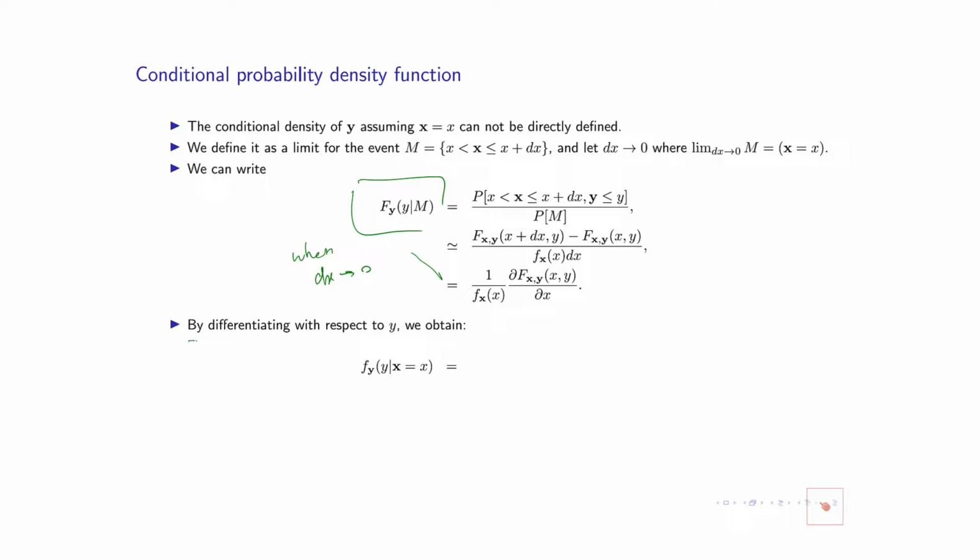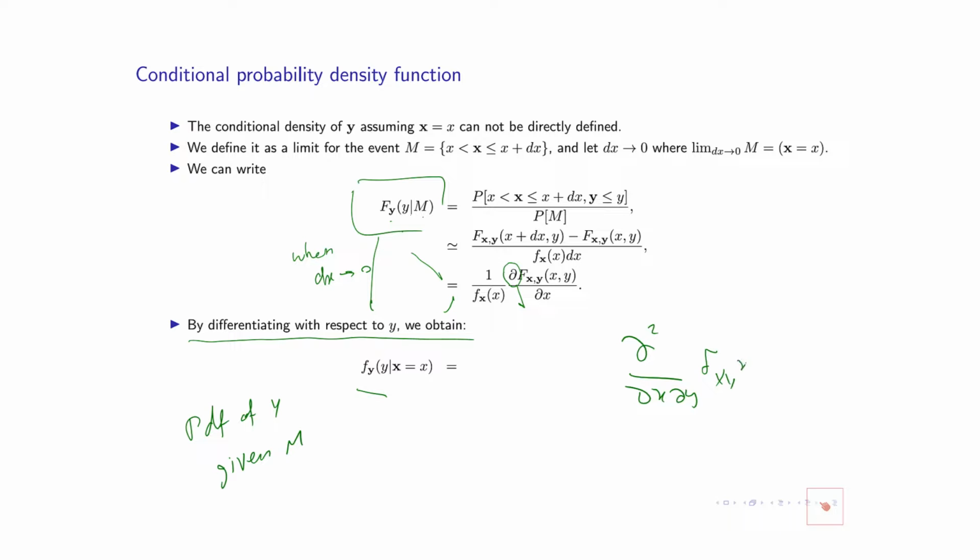Now I could calculate the derivative of this function with respect to y. Because this is the CDF of y given this event, I want to find the PDF of y given M. If I add another differentiation with respect to y, on top of the differentiation with respect to x, I will get the derivative with respect to both x and y of F_XY of x and y.